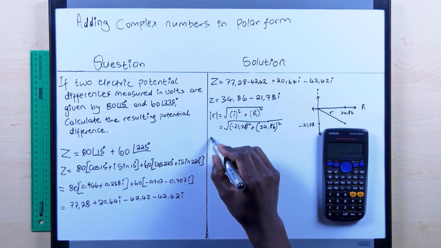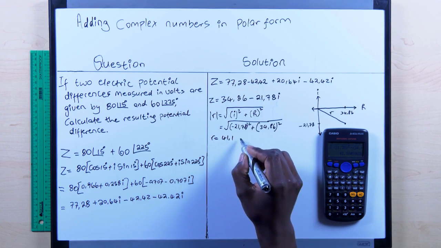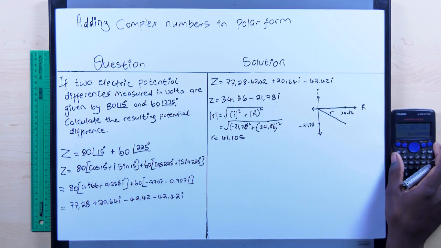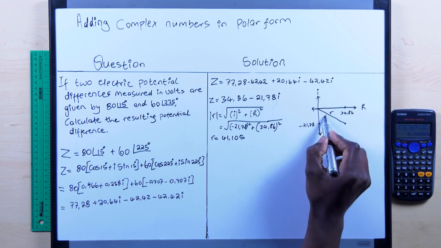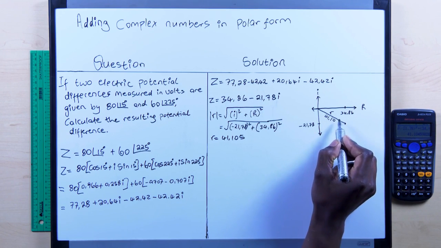The value of r then becomes, to 3 decimal places, 41.105. So what does it mean? It means that the length of this line is 41.105.